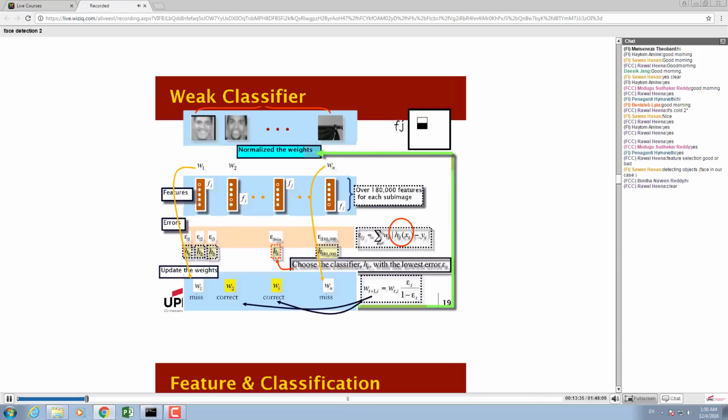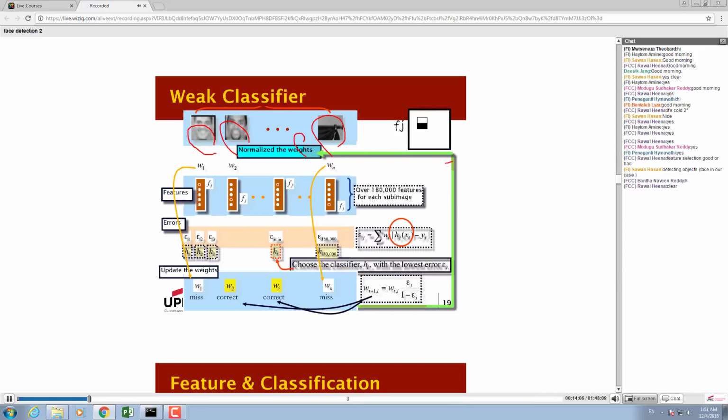In the beginning, we have one big set of training samples, meaning positive and negative samples. At the top row of this diagram, you can see some face images and some non-face background images. This is the training sample data set.